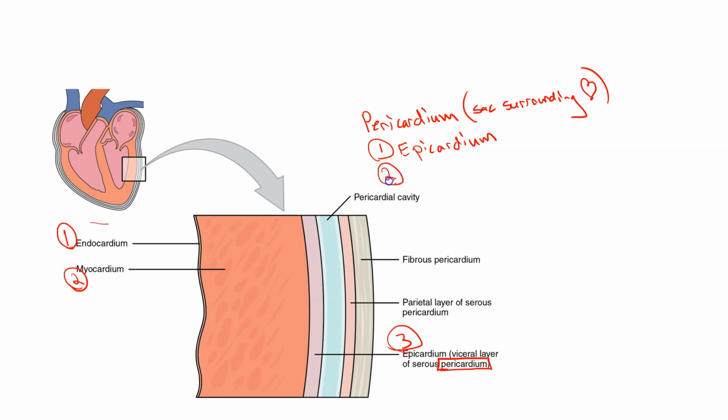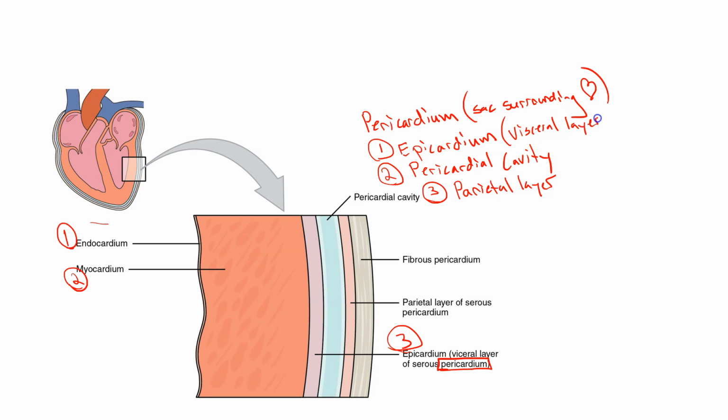And then there's also going to be a cavity, so we call that the pericardial cavity. The cavity is any enclosed space in the body. And then lastly, there's the parietal layer of the pericardium. The epicardium would also sometimes be called the visceral layer.